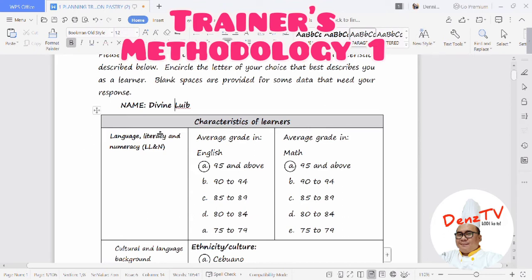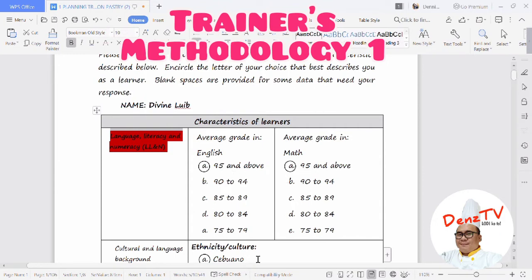Of course, by knowing all of those characteristics of the learners. First, we have their language, literacy and numeracy. My question is, what does it mean to the plan?